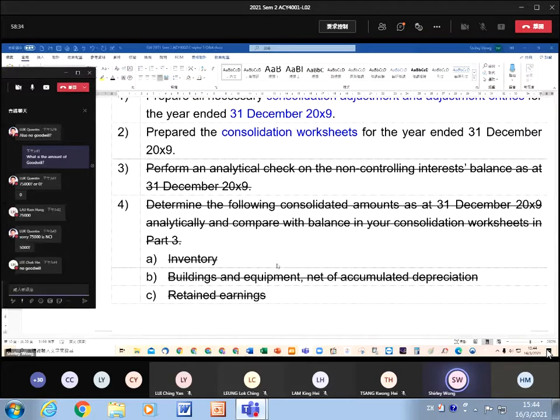5,000 and then no goodwill. Okay, very good. The amount is 0. Goodwill should be 0. If you are able to calculate 0, it means that you fully understand the first, second, third, and fourth paragraphs of the question. As I just mentioned, this question is quite complicated, because it does not give you all the information as usual.